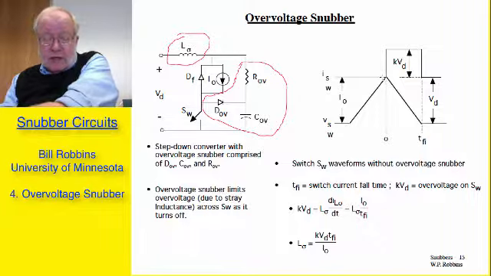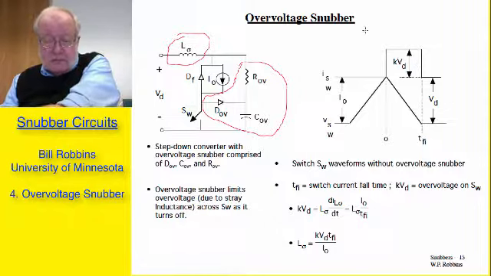When it reaches the power supply voltage, V sub D, the freewheeling diode can then accept the load current, and so we then have an overvoltage because of the stray inductance and the dI/dt value, and I'm going to just call it a constant K times V sub D. Since I'm assuming a linear ramp of the current down to 0 during the current fall time, we're going to have a constant overvoltage of kV sub D. And the overall voltage is V sub D plus kV sub D during this interval.